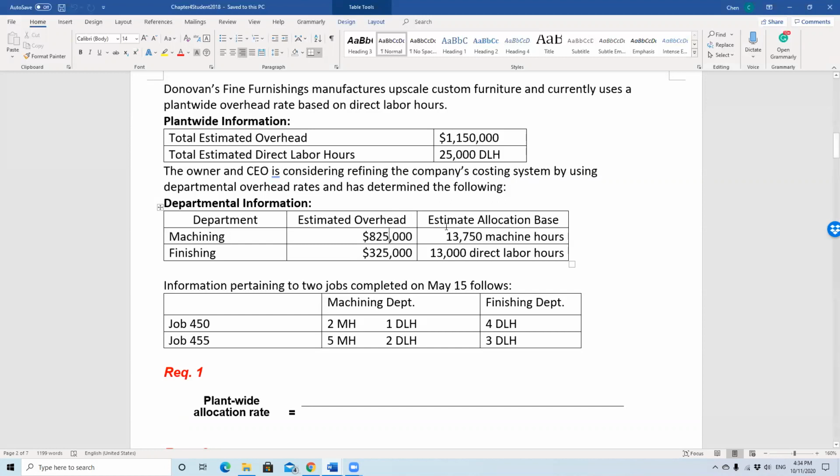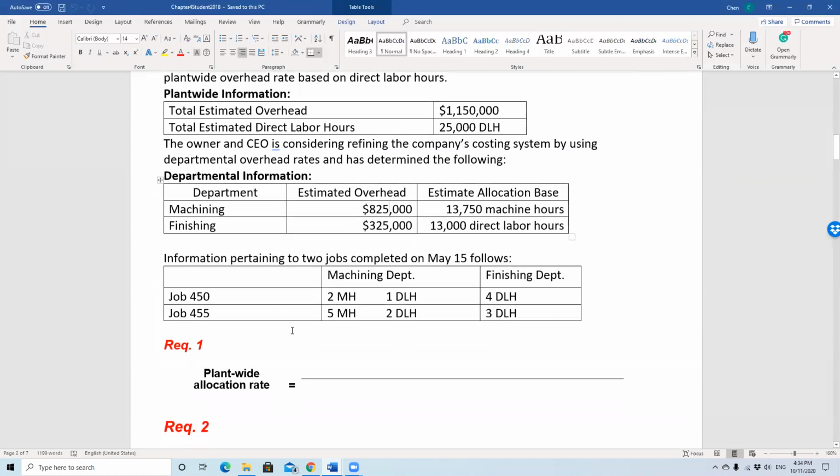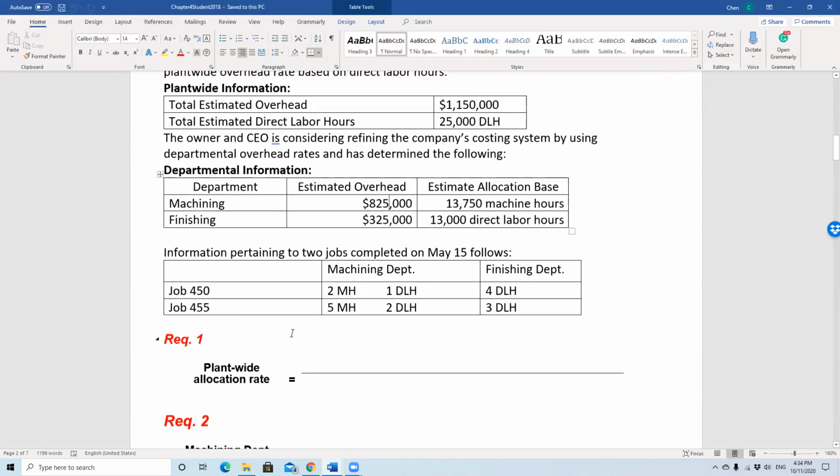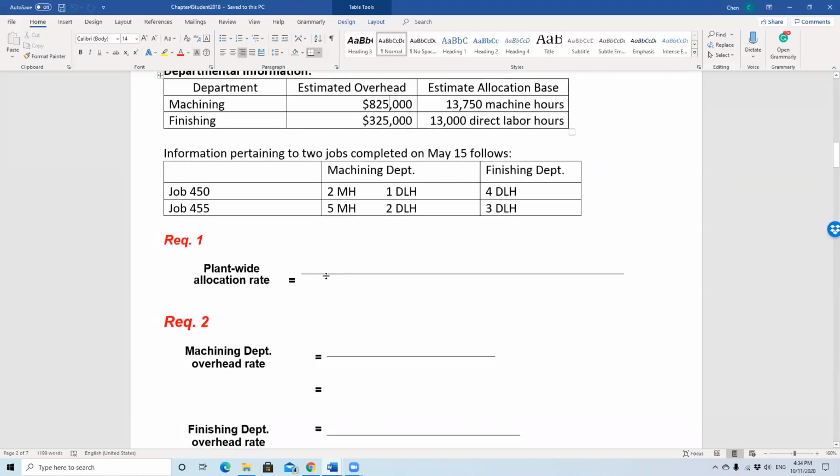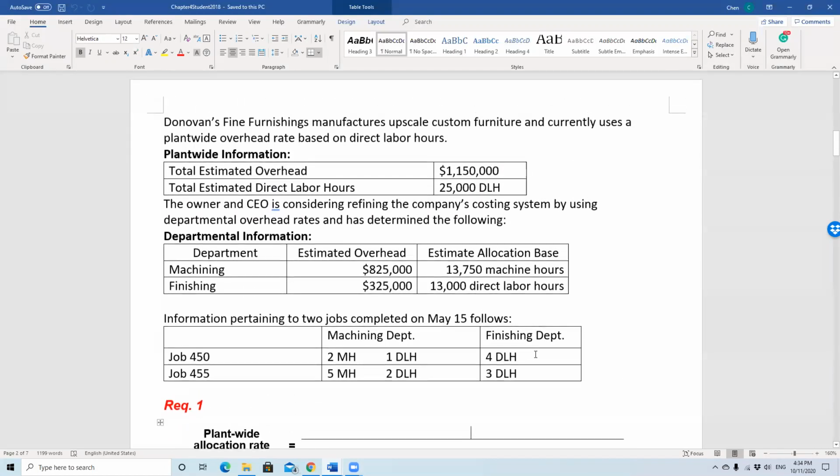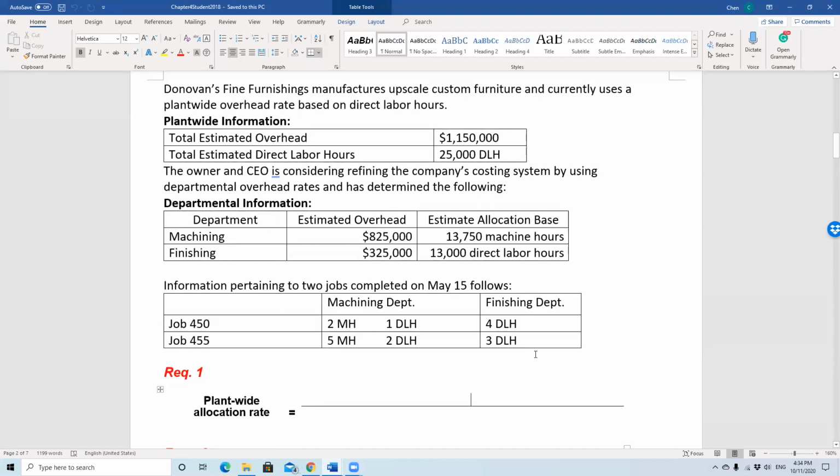Okay, and here you can see the information for the two departments. The first requirement is to calculate the plant-wide allocation rate.